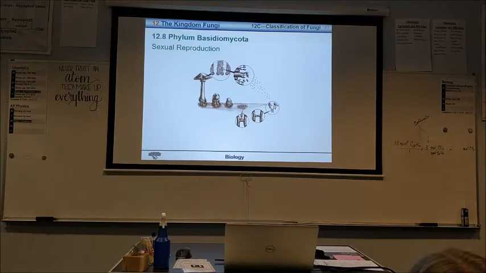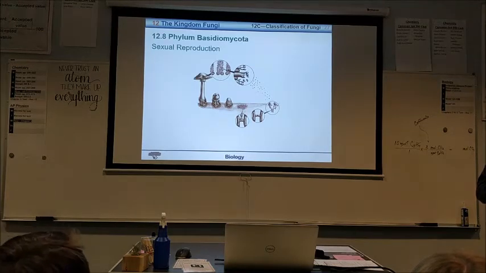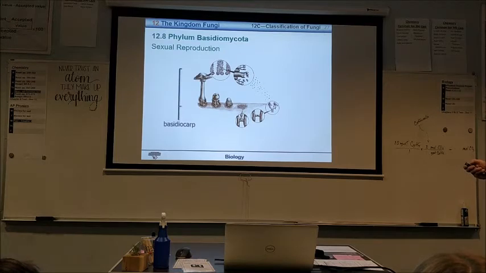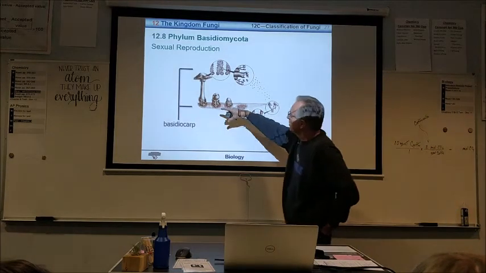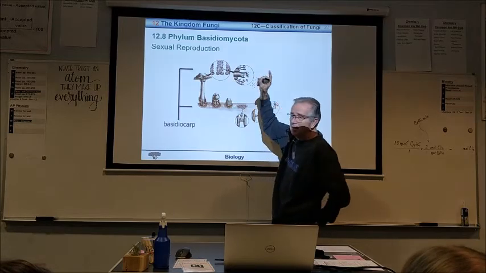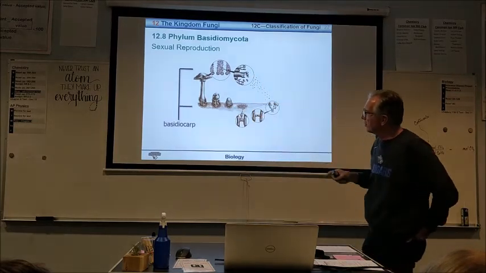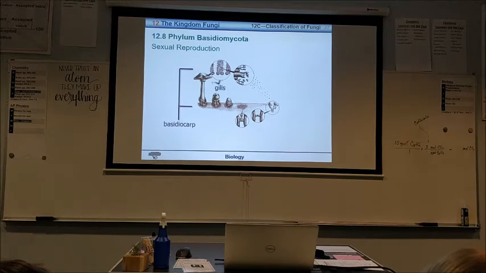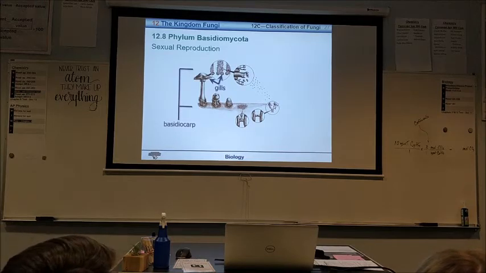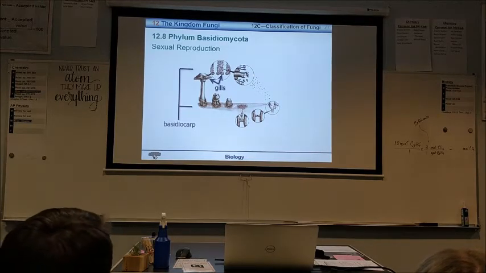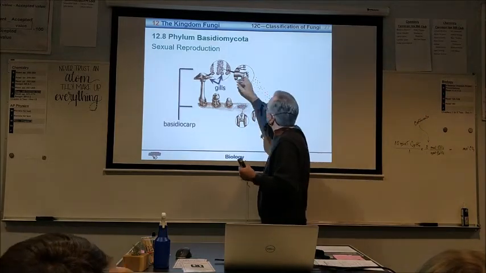Now, let's take a representative example of this, and that would be a regular mushroom that you might see popping up in your yard, or you can think about ones that you buy in the store that you want to eat. So in here, this part of the mushroom that sticks up is that basidium that we were talking about before. The whole structure could be called a basidiocarp. Underneath the cap of the mushroom are little fins or gills. And on these fins or gills, you see these structures.